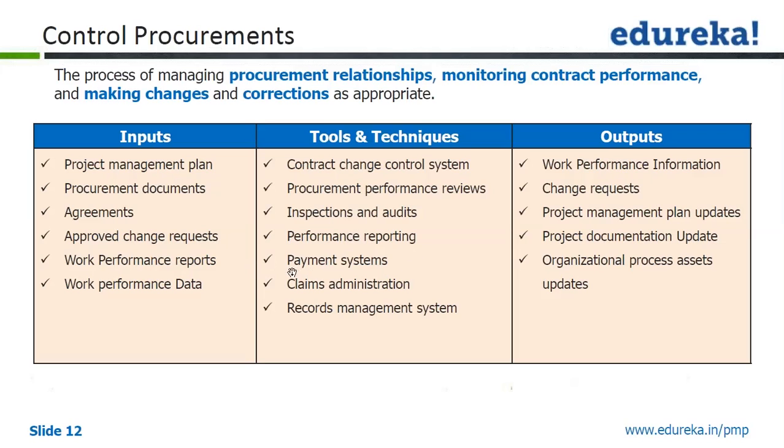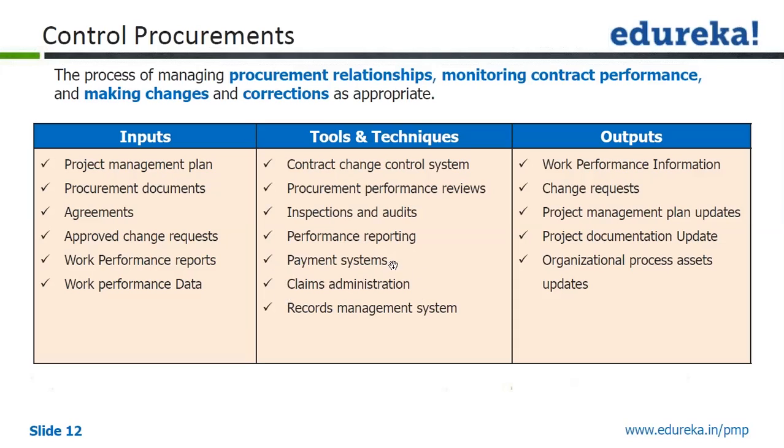A payment system will be used because this is procurement. There may be payments that need to be done against milestones achieved. That will be evaluated, and we'll do the payments. Claims administration: a claim is something which is a dispute between the seller and the buyer, right?